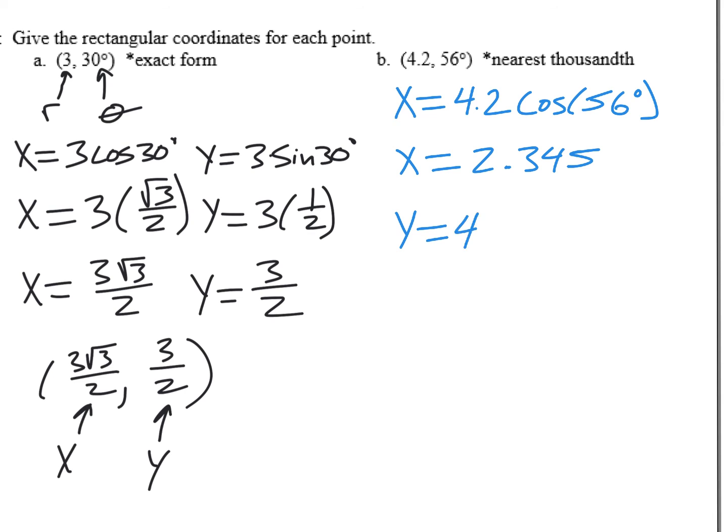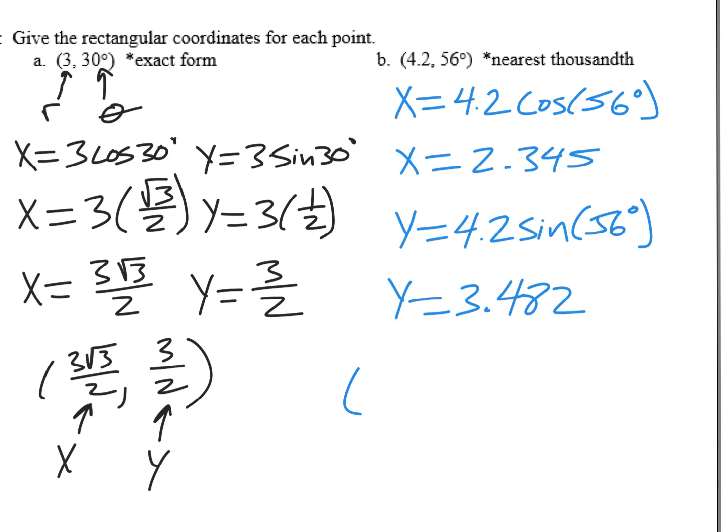To get your y coordinate, it's basically the same formula, just switch that cosine function to a sine. And we get x, and we get y, and we're good to go.